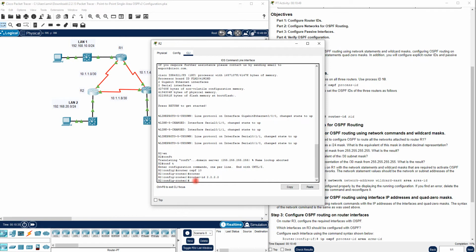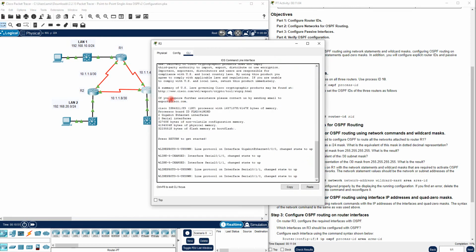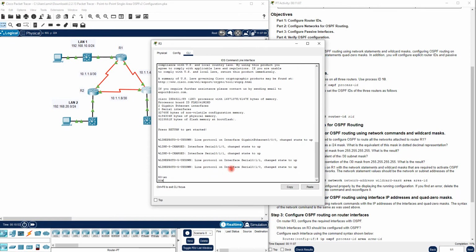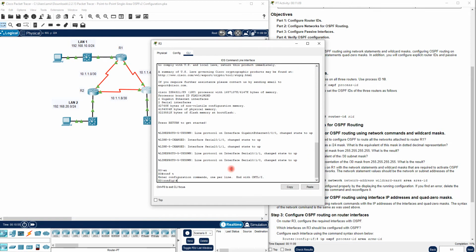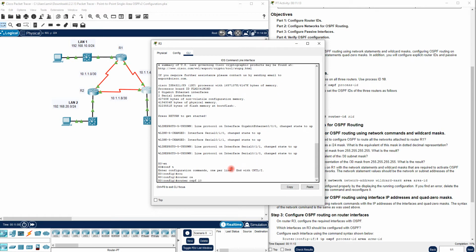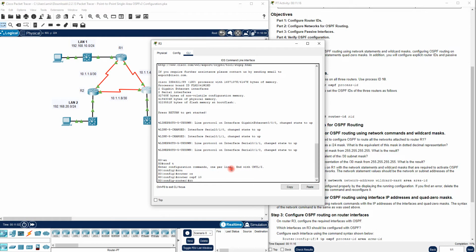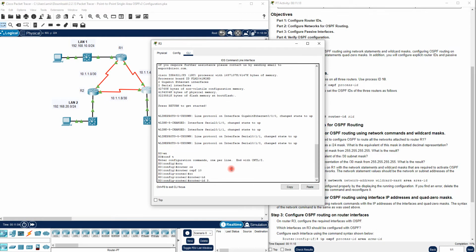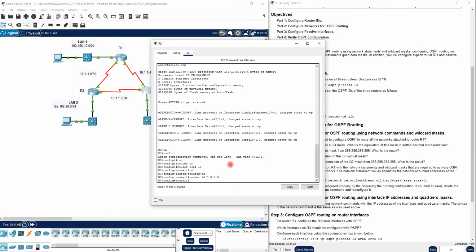The highest router ID should be elected as DR, and in this situation router 3 will be elected, and we manipulate the election with this process, okay? Because it's very important for us in large networks. Router OSPF 10 and router ID 3333, okay?